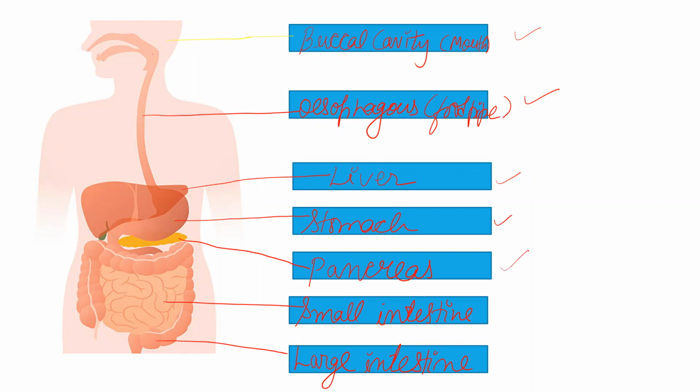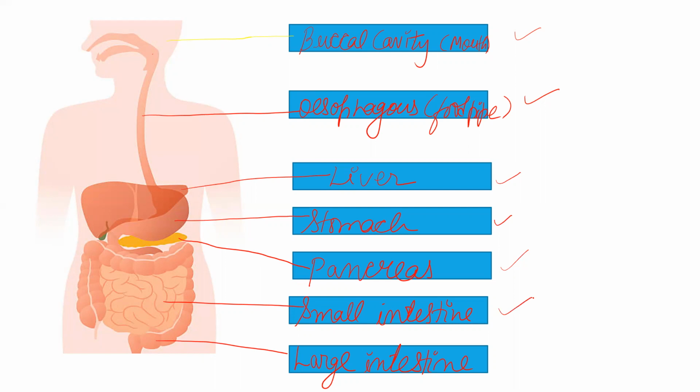Then pancreas, as I told you, it is a gland which secretes two things, means it will release the pancreatic juices which help in digestion, and then another important secretion, that is hormone, they are also released inside the small intestine.